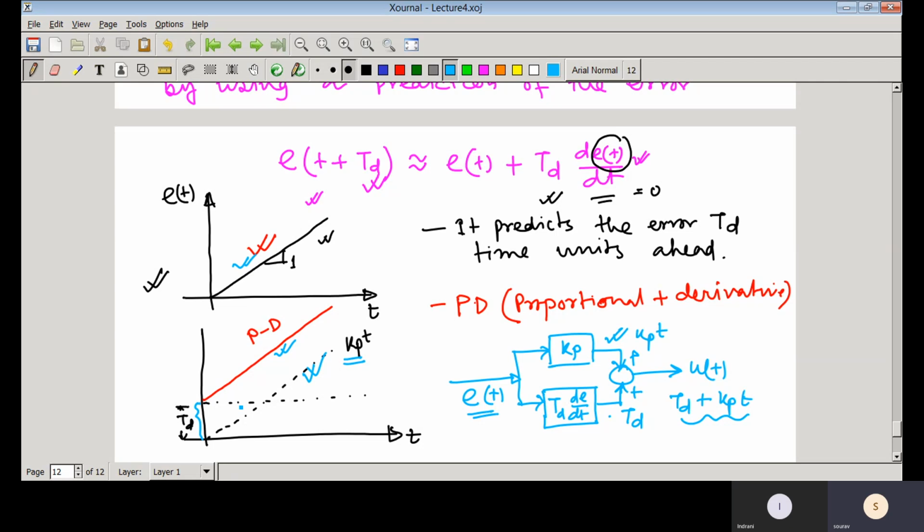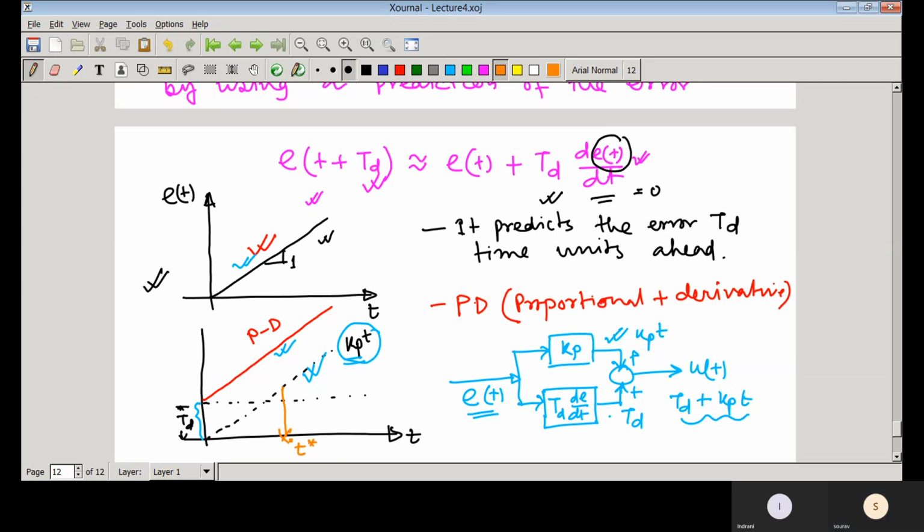So now let us see what happens if we use only proportional controller. Suppose this is the time t star.